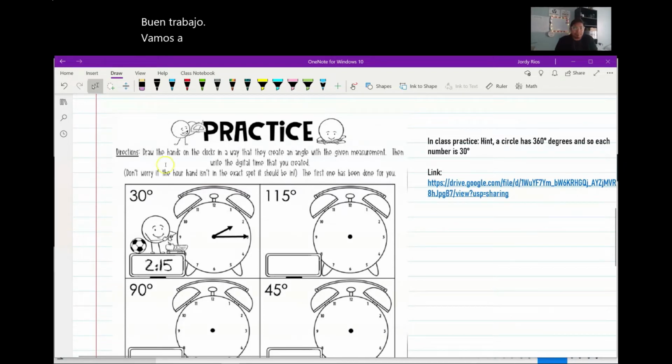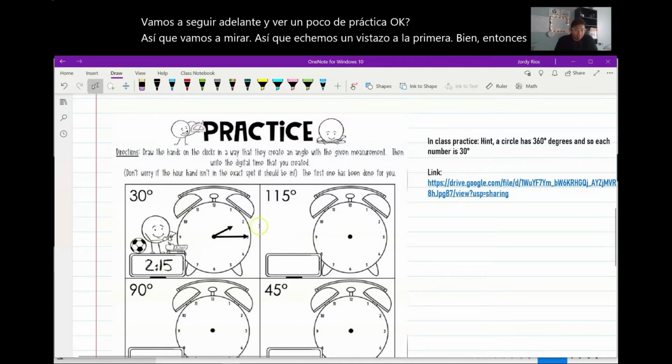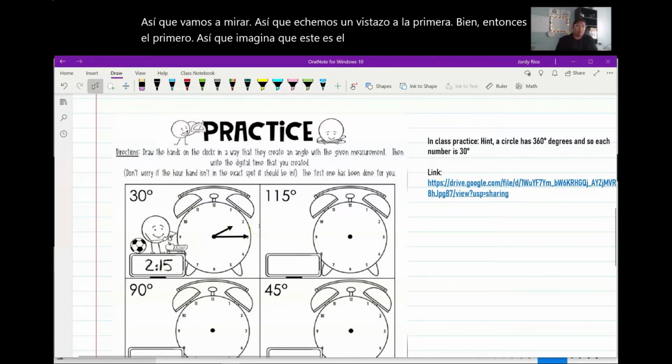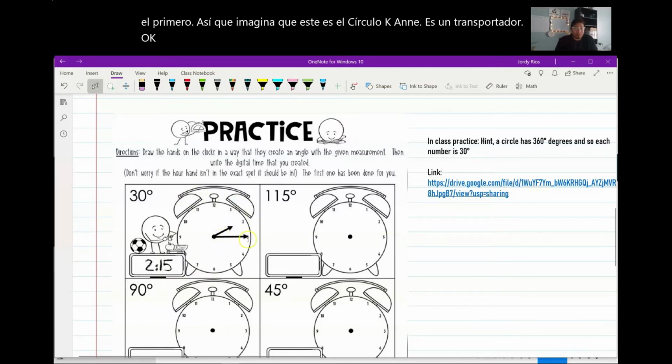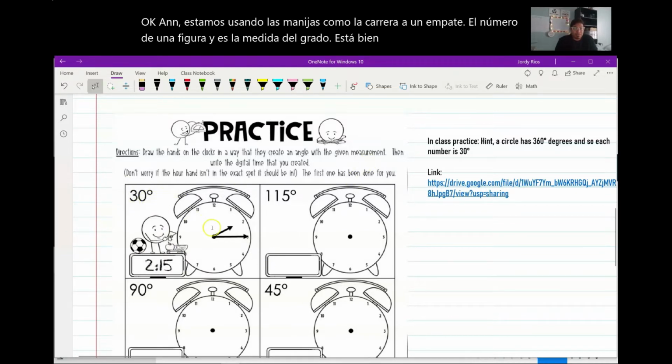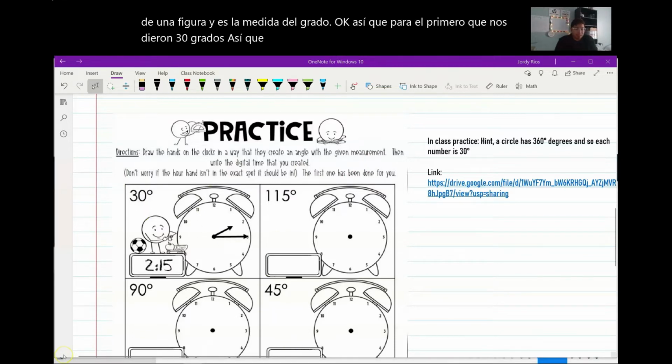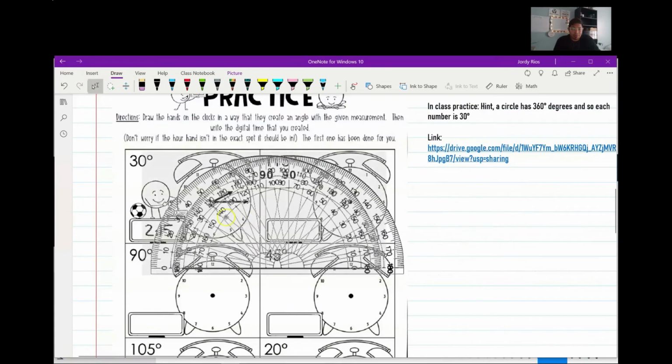Let's look at the first one. So imagine this is the circle, and it's a protractor. We are using the handles as the rays to draw the number, the measurement of the degree. For the first one they gave us 30 degrees. So they grabbed their protractor.